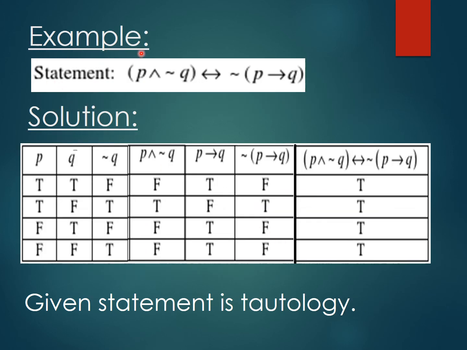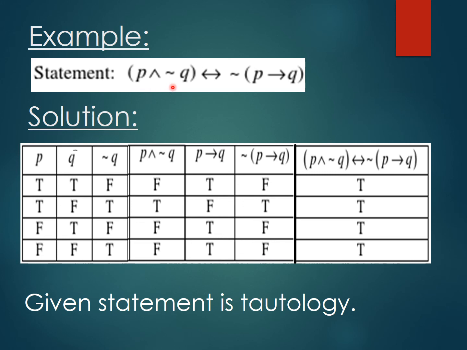See another example. The statement is P and not of Q if and only if not of P implies Q. We need to construct the truth table for the given statement. As two propositions are involved, we are going to make the truth table for the two propositions P and Q. So we write down P and Q and all the possible combinations of P and Q. Next, on the left hand side it is P and not of Q. We already have the P column.